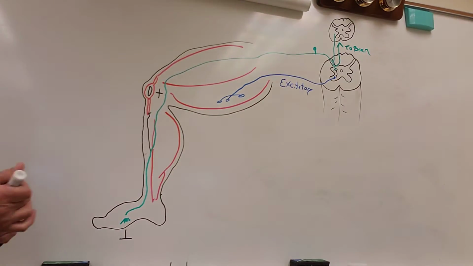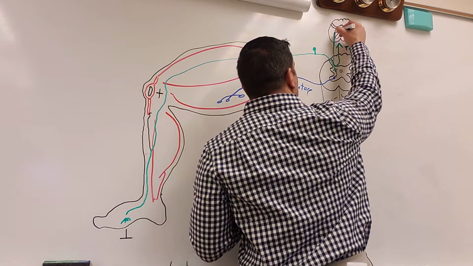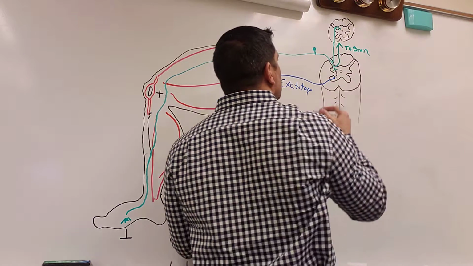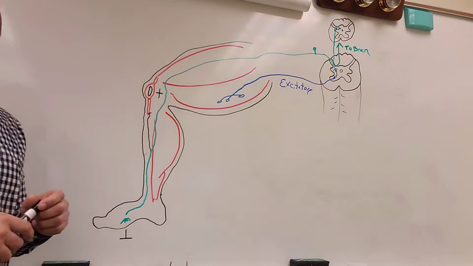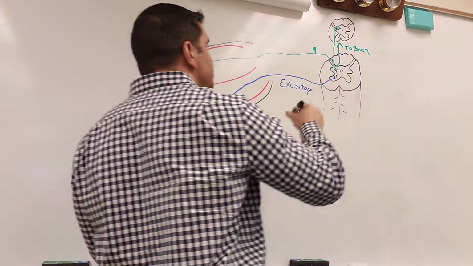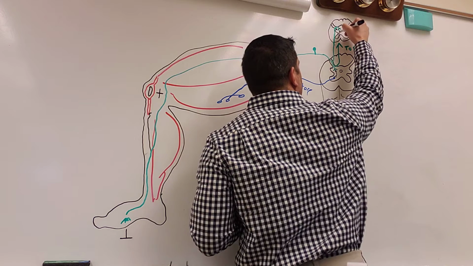So this one's going to go up, and it's going to go up here and synapse. Go up in the dorsal horn, and then it's going to synapse with an interneuron, just like down here.